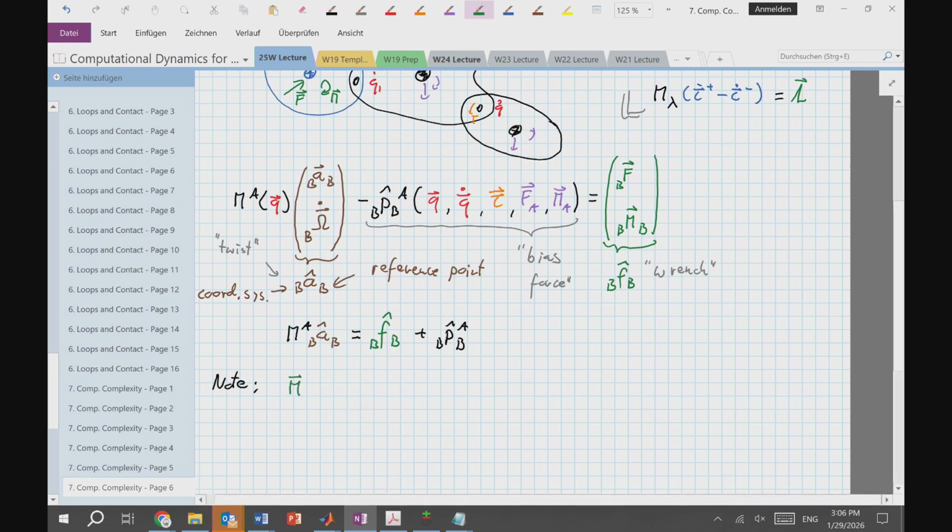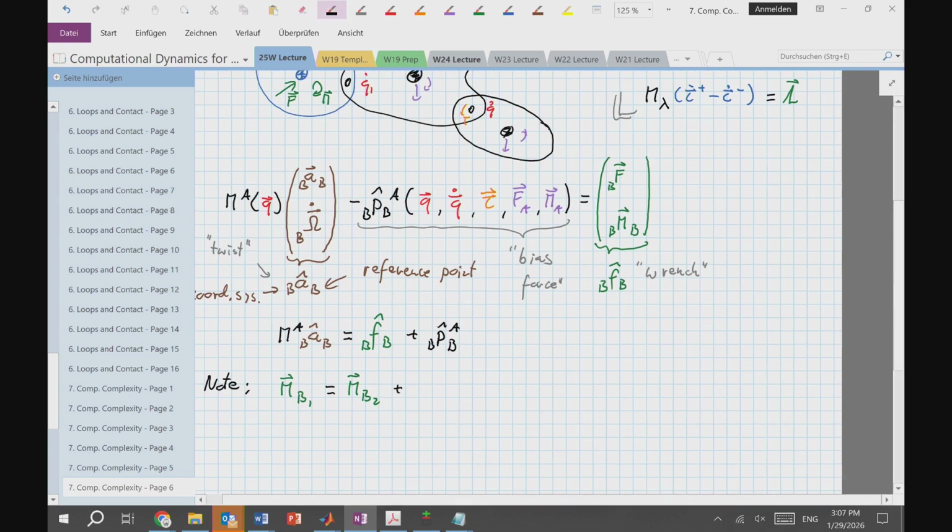So if you imagine I have a force set up that somehow creates a torque, an effective torque on my body about a point B1, that is equal to an effective moment about a point B2 plus some additional moment that is created by this force.